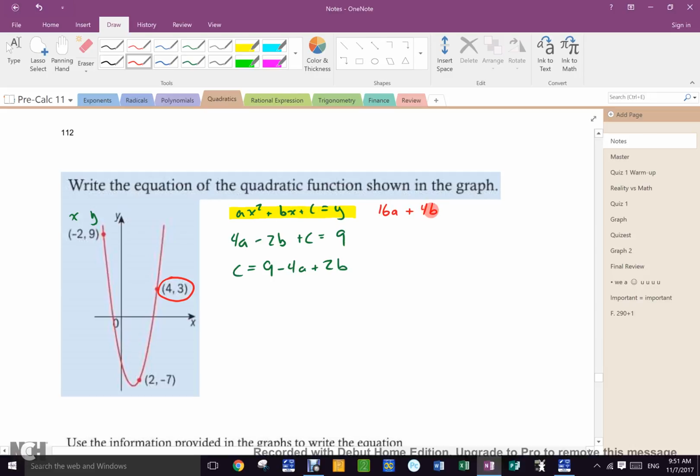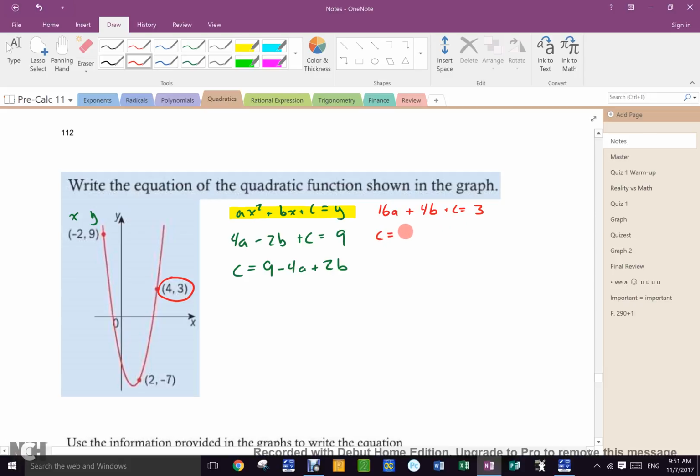Are we okay there? Plus c equals what? Using the red circle, what does that equal? 3. Everybody cool?